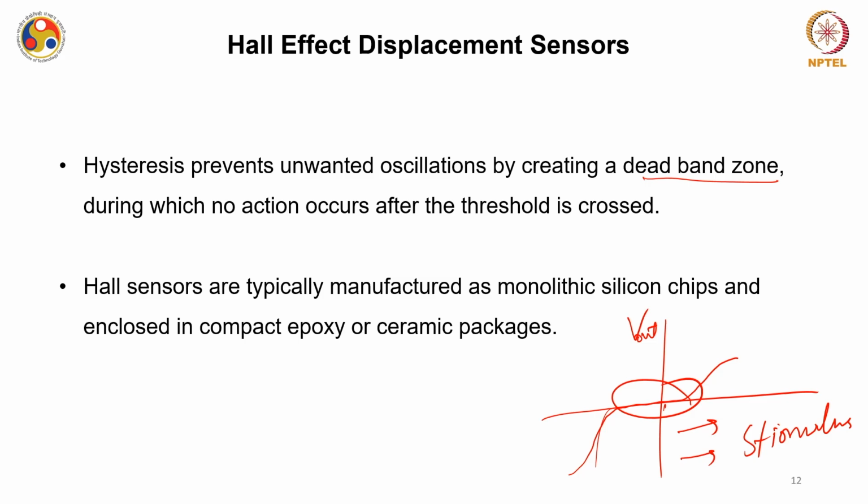Now, Hall sensors are mostly manufactured as monolithic silicon chips and enclosed in compact epoxy or ceramic packages, and the packaging is very crucial, particularly for magnetic shielding and other purposes. The advantage of this kind of sensor is that you are able to monitor the displacement in non-contact mode.